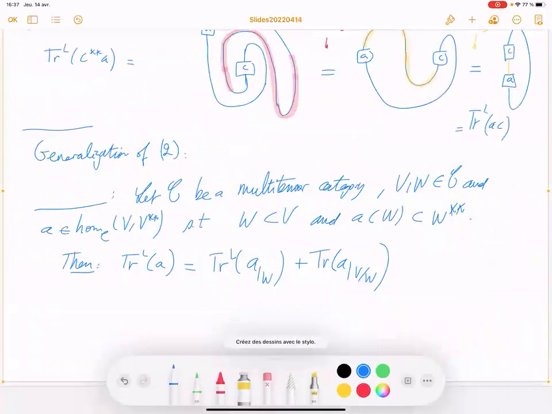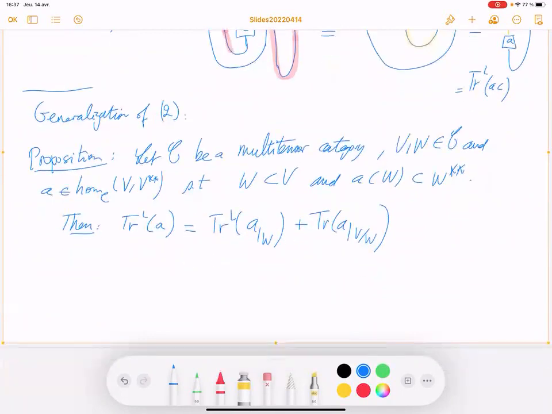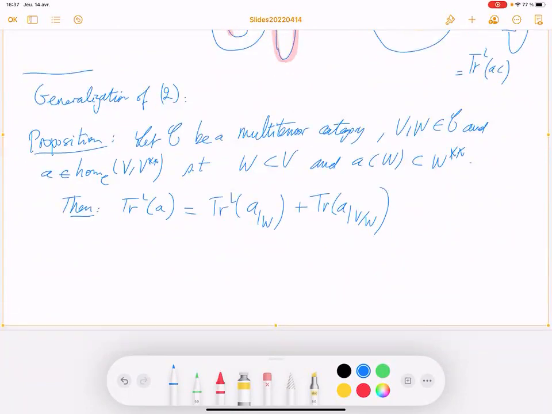So, in other words, the left trace is additive on exact sequences. And you have the same for right.